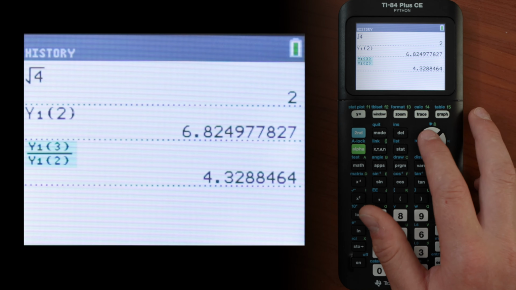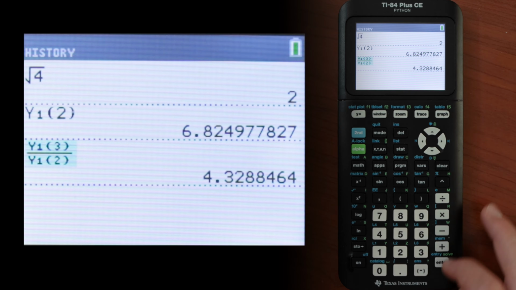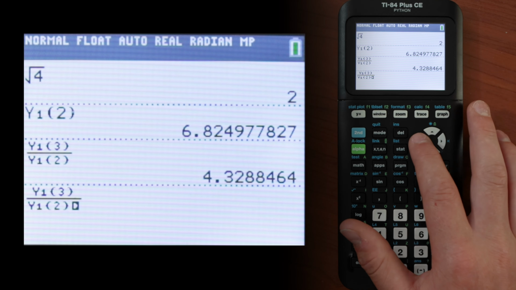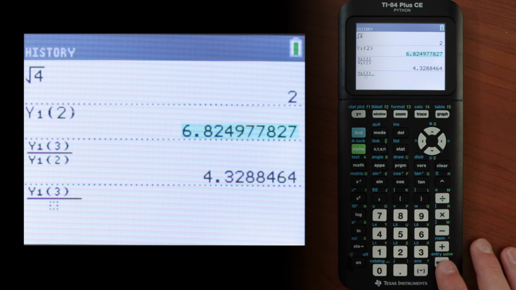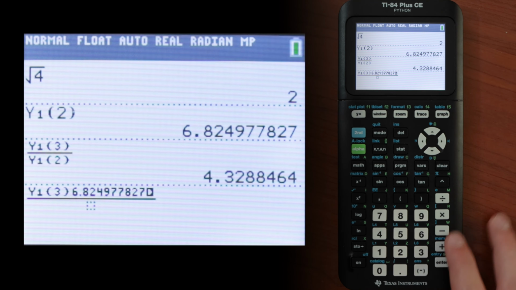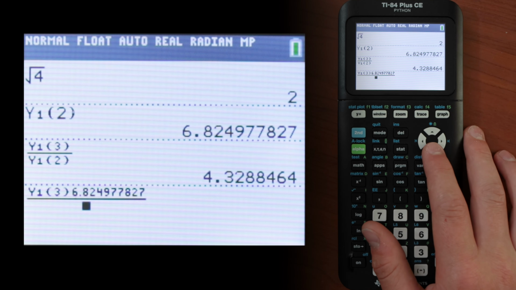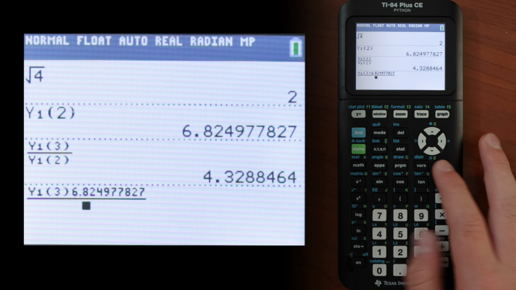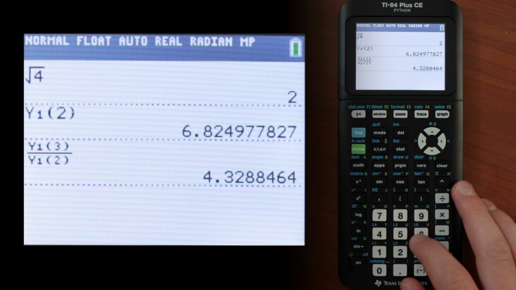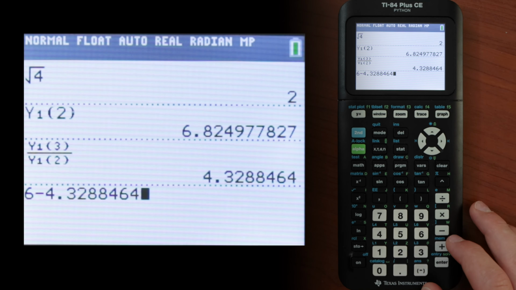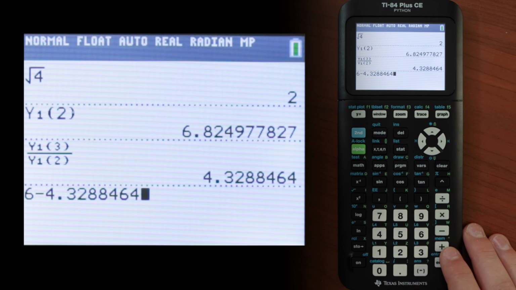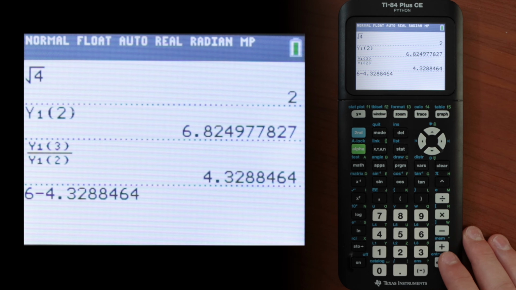And now you'll notice right here that supposing I just enter this again, I didn't actually scroll up and hit this button right here, because it wouldn't have gone underneath. If you remember before, I was doing stuff where I'd have like 6 minus, and then I could enter an old answer. You cannot do that unless you're using one of these arithmetic functions. So if you're using a fraction, you cannot do that or anything else.